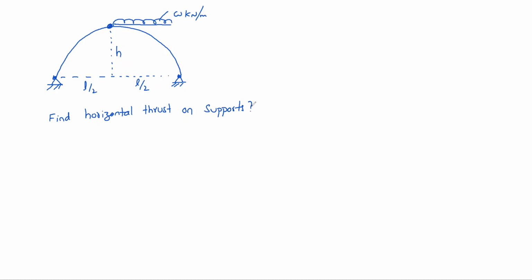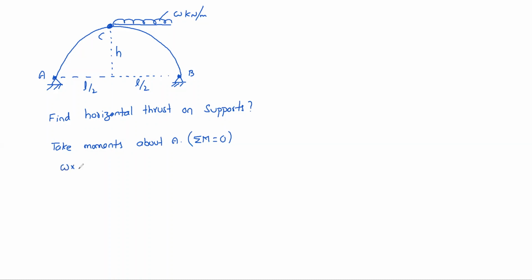Now reactions. So first, take moments about A. You know, sum of the moments must be 0 about any point. So we are finding at A. So about A, what are the total moments?